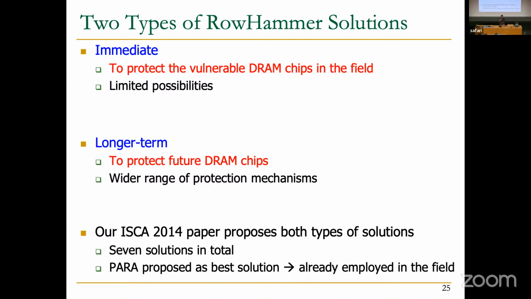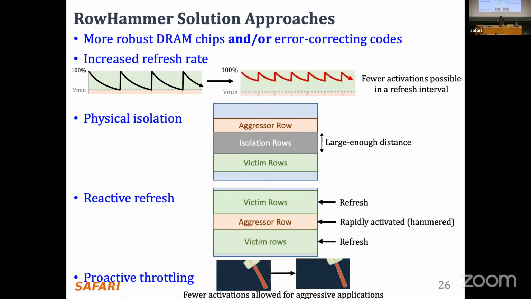But if we want to solve this issue fundamentally, then we have to think about the design of both the memory controller and the DRAM chips. So the ISCA 2014 paper proposes a very simple but also very effective solution called PARA, and very soon after, it already saw adoption in the field.